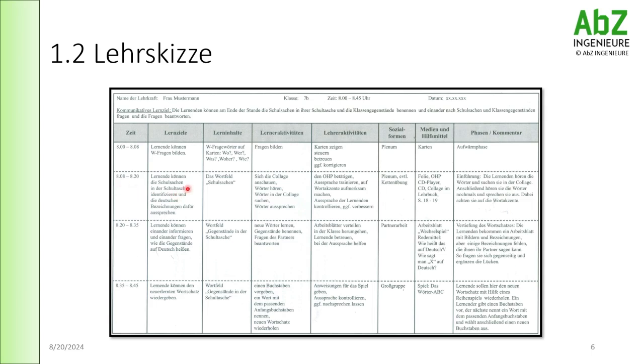Then for the next 12 minutes, the students have the next Teil-Lernziel. They must be able to say what is in their school bag, the things in their school bag, and they must be able to give the German names. So the Lerninhalt is a word field Schulsachen, and the students are supposed to make a collage.